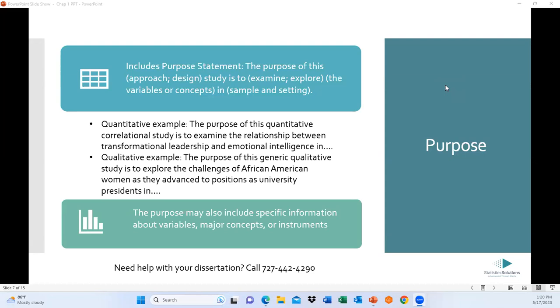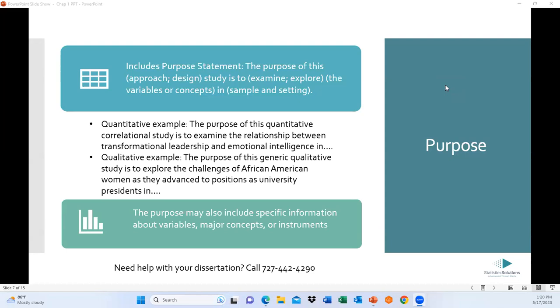Now, as you're working on your dissertation and things are still early, your purpose may change a little bit if you haven't got everything all nailed down yet. But once you get it nailed down, and you're like, yes, this is what I'm doing, the purpose statement, if you have to mention it anywhere else, just restate it verbatim.